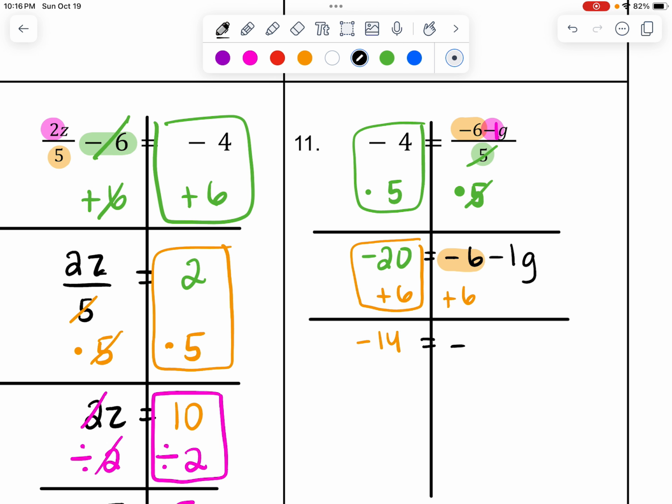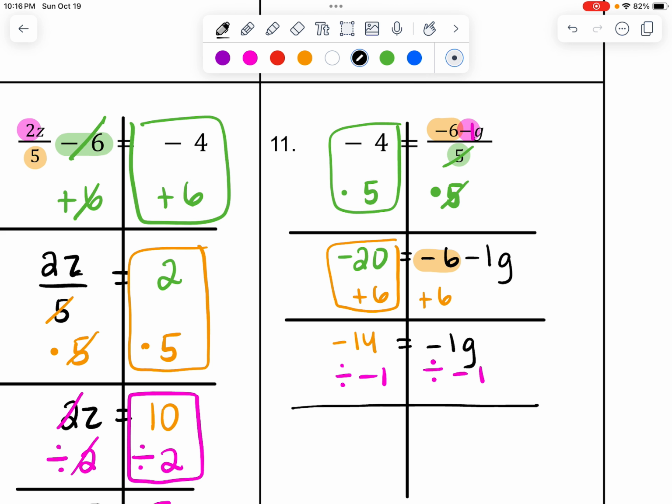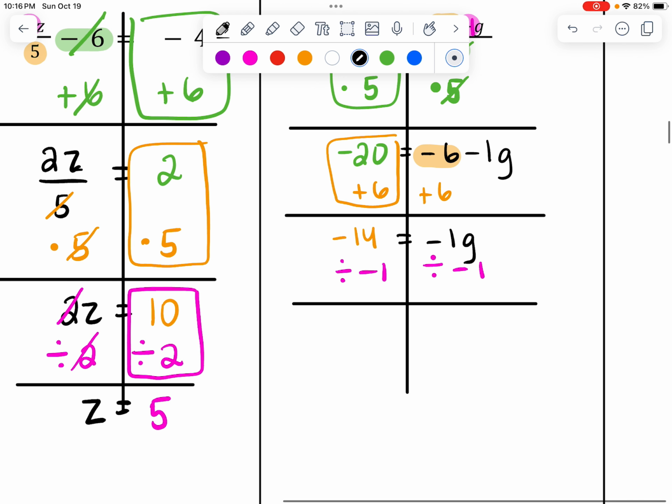And on the right-hand side, I'm just going to drop down the -1g. And last but not least, I'm going to divide by -1. When we divide by -1, we get -14 divided by -1, which is +14. And on the right-hand side, the -1's cancel, so we just get g.